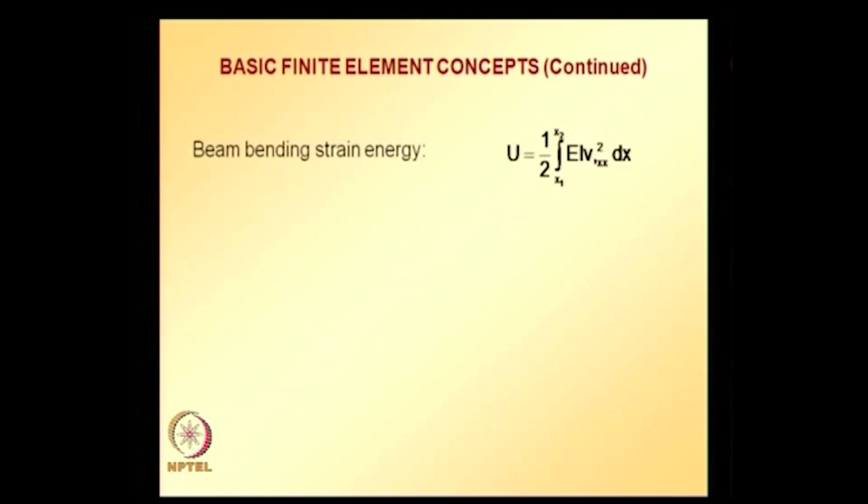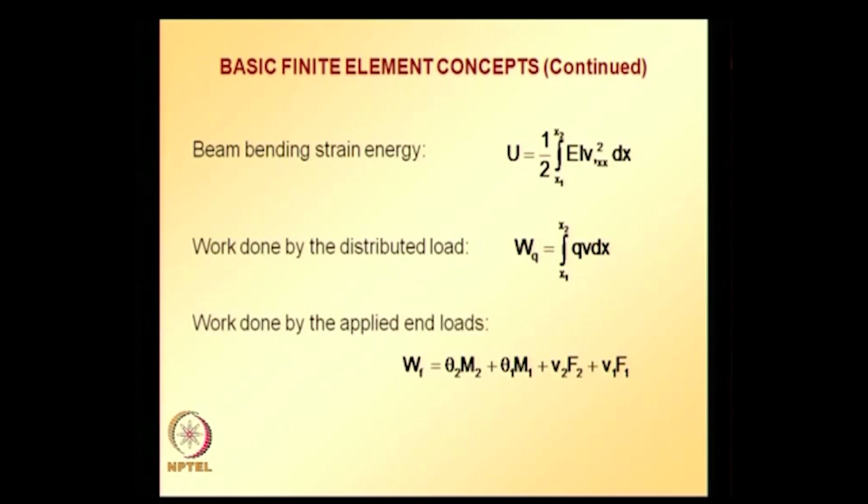The first term is beam bending energy, the second term is work done by the distributed load Q, and the third term is work done by the applied point loads or end loads, which is given by rotation times moment at both ends plus transverse displacement times force at both ends.